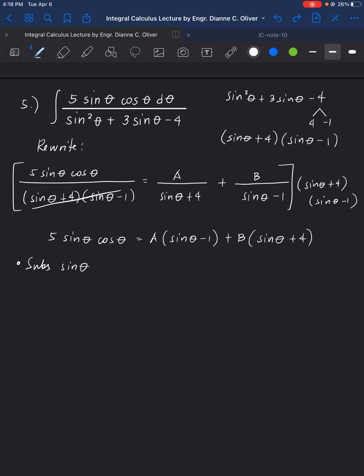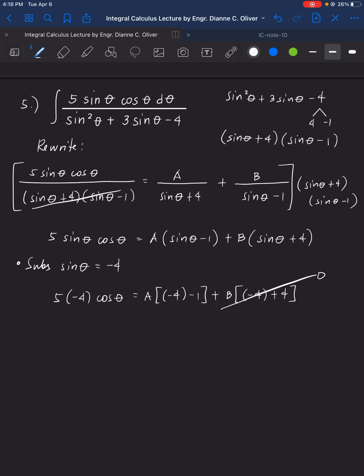If we substitute sine theta with negative 4, so we have 5 times negative 4 cosine theta is equal to A times negative 4 minus 1 plus B times negative 4 plus 4.